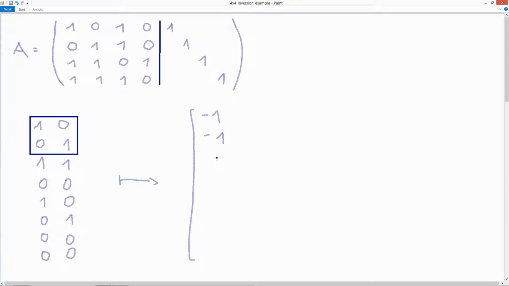And for the last entry here, we have to ignore this here and calculate 1 times 1 minus 0 times 0 is 1. And for all the other entries here, we just add a 0.